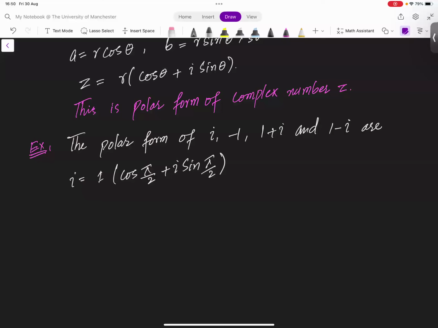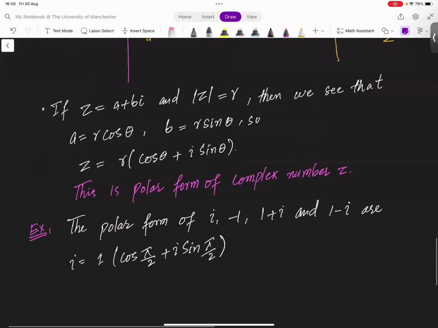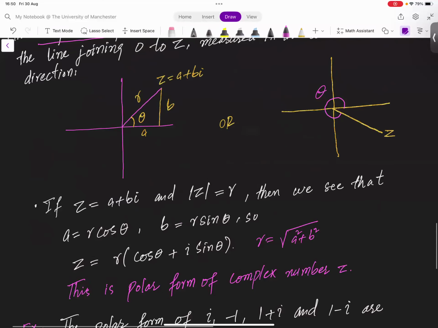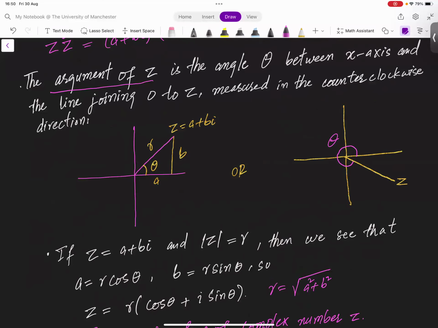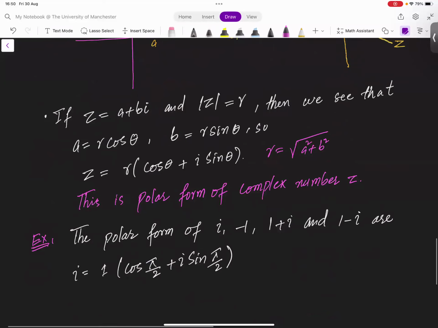You know, this r can be measured as under root a square plus b square. And then you have cos theta plus iota sine theta. So you can measure the theta like that.